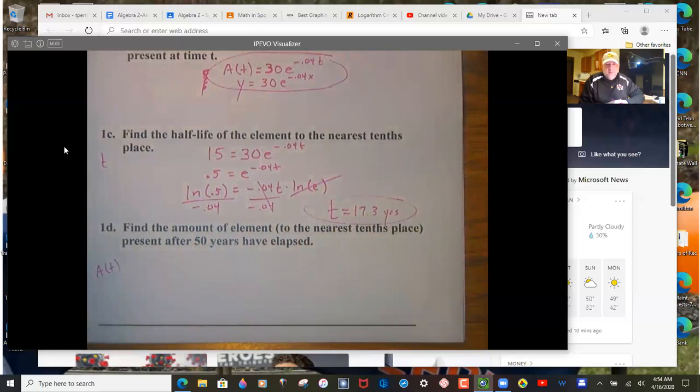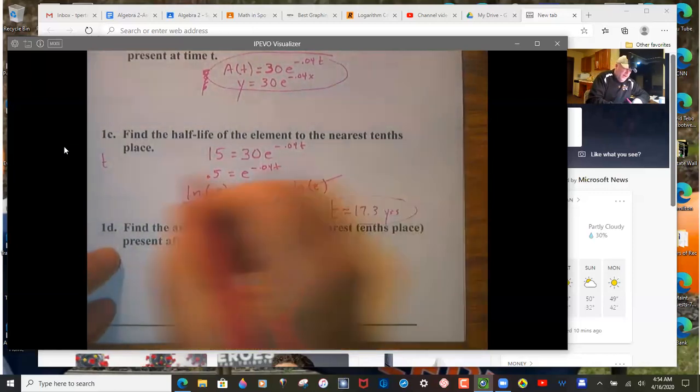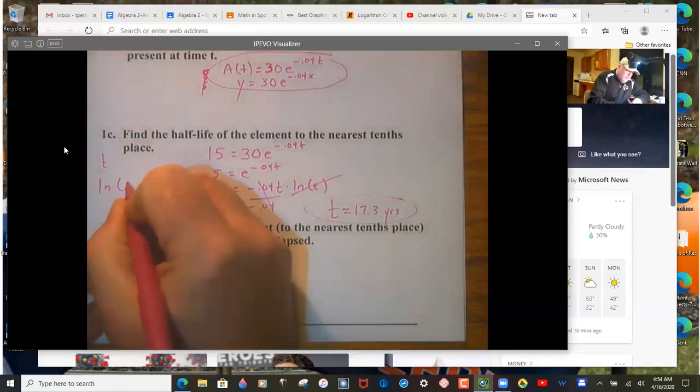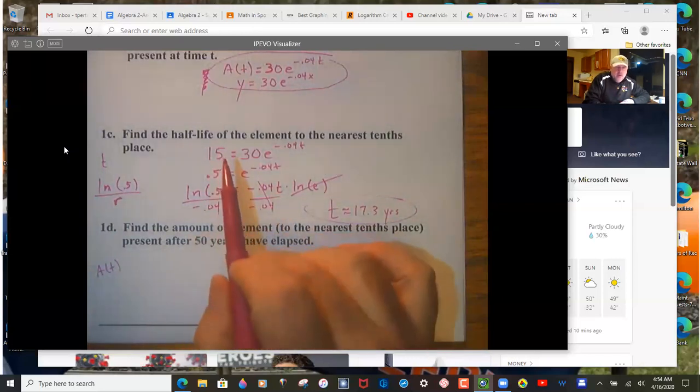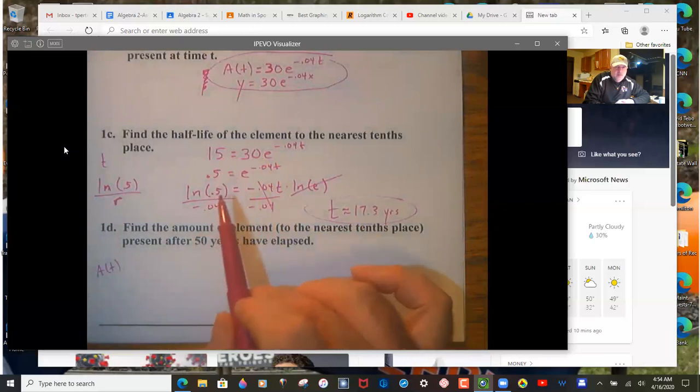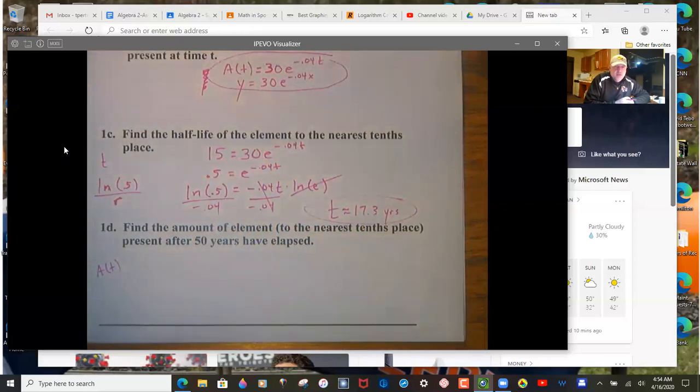Now I want to show you something. A formula for half-life is ln of 0.5 over r. It's always that. Because no matter what your numbers are, when you divide, if this is half of this, you get 0.5. So you're always doing ln of 0.5 over r.